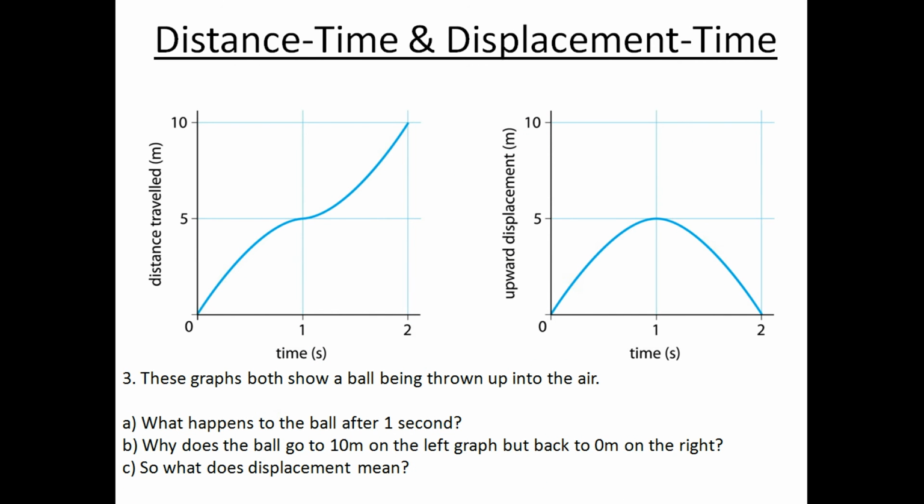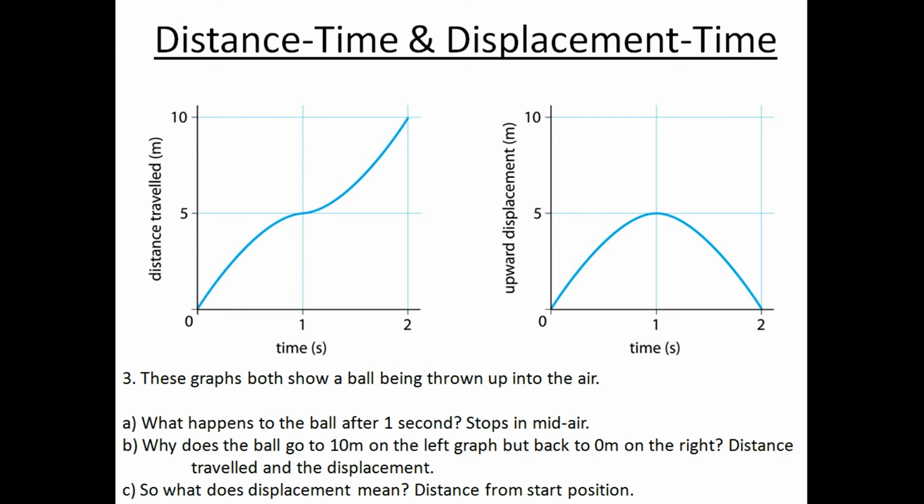Here's another one. These graphs both show a ball being thrown up into the air. What happens to the ball after 1 second? Why does the ball go to 10 meters on the left graph but back to 0 meters on the right? So what does displacement mean? Right. First thing, after 1 second, the ball stops in midair.